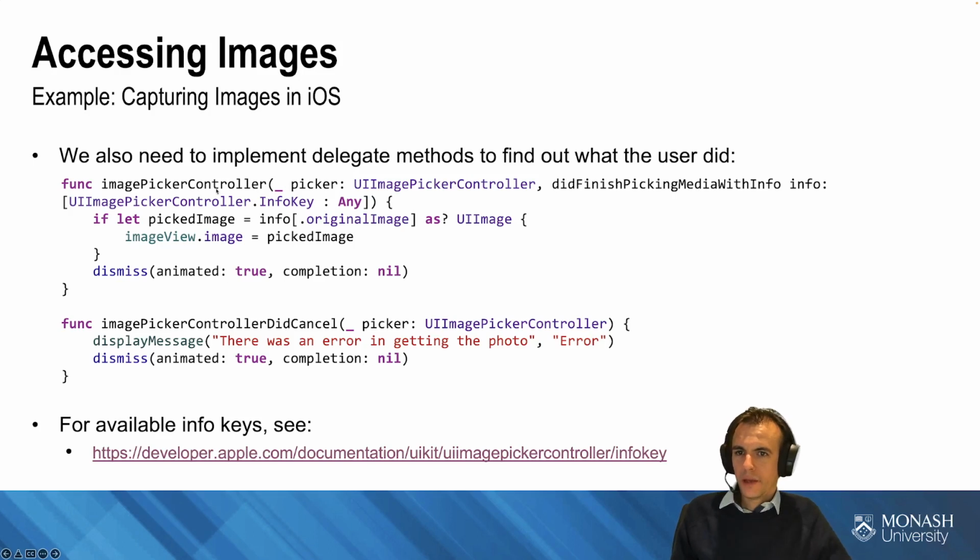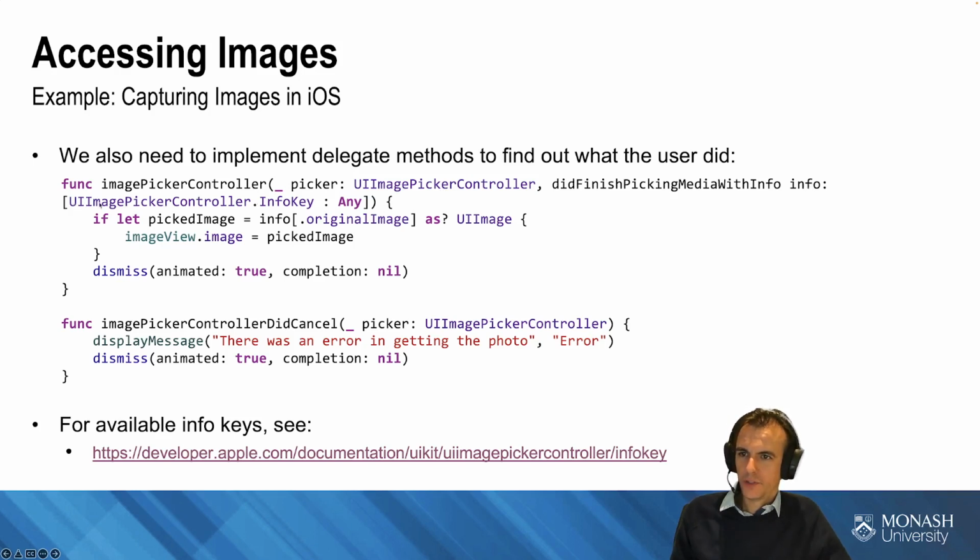So then we need to implement the delegate methods, and there's only two of them, in fact, and they are these. imagePickerController didFinishPickingMediaWithInfo, and again, like all of Apple's delegation templates, it passes the particular class that is calling the delegate, and it gives it some additional information. And this information, as you can see, is a dictionary.